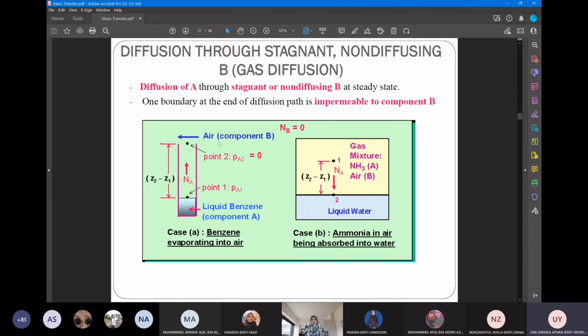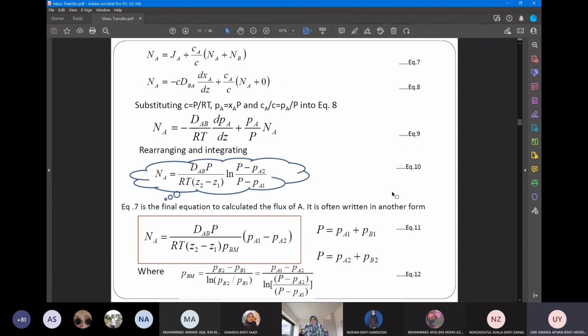Now the air in bulk moves very fast and in a large amount. So that's why the partial pressure at this location between the tube and the environment is given as 0 partial pressure for benzene. Next, a summary. For diffusing A, non-diffusing B, you have two equations that can be used, equation number 10 and equation number 11.